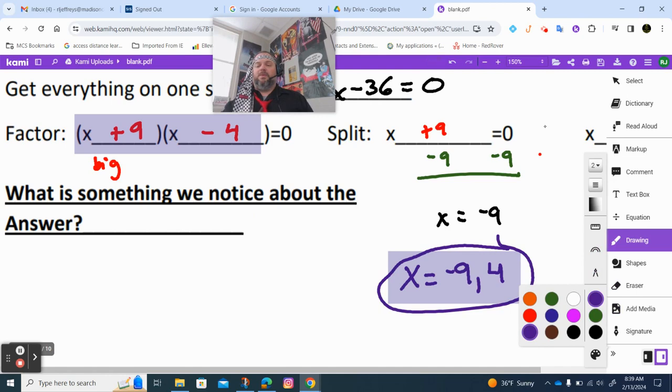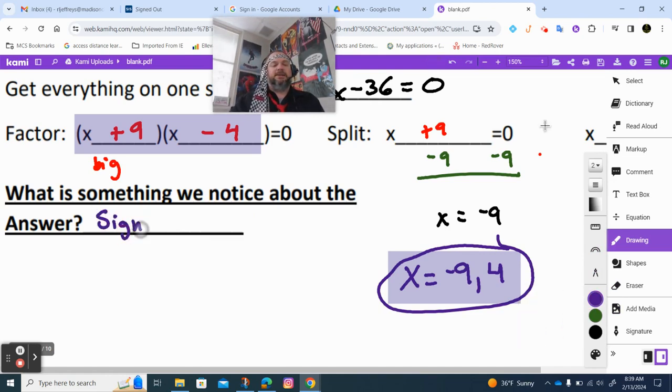So what happens is the signs switch from factor to answer.